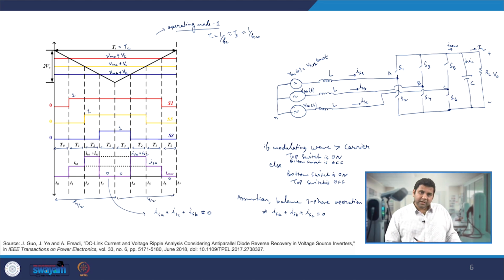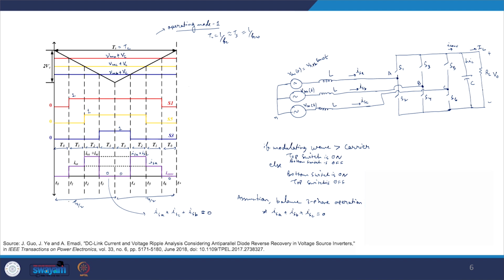If we look very carefully, the I converter current is symmetrical around this Ts by 2 period. So if we can calculate it for the Ts by 2 period, we can just multiply by 2 to calculate the RMS or average value for I converter in one Ts period.